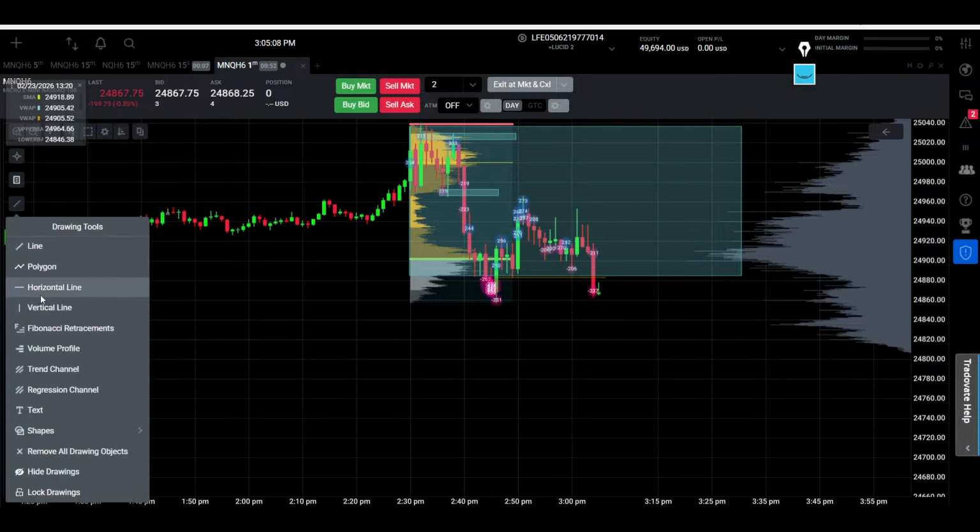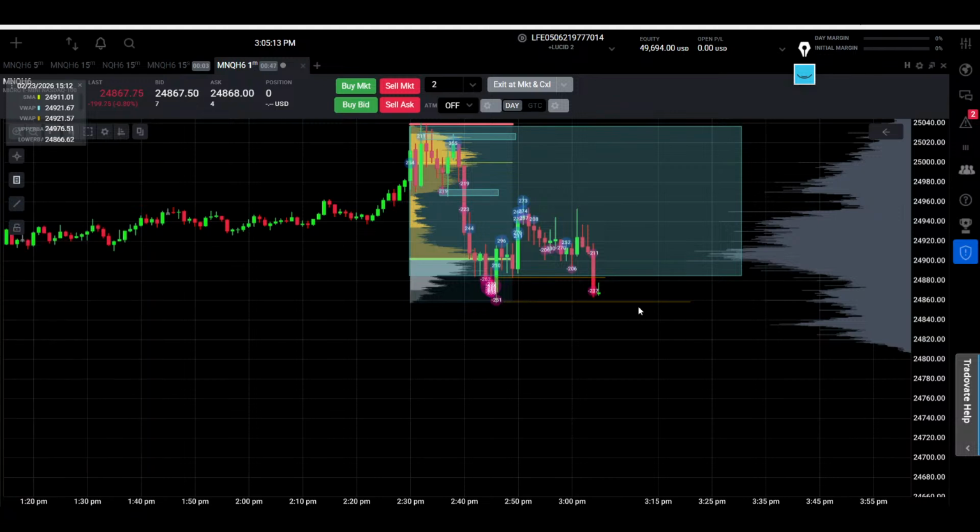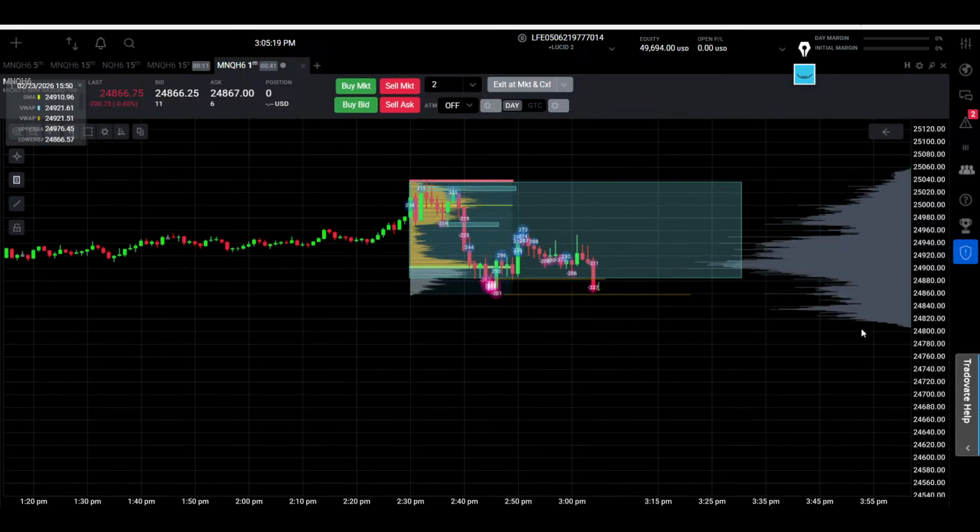In order for me to trade, I need that to be closed. Price needs to be closed below here. Then I can do some trading again.